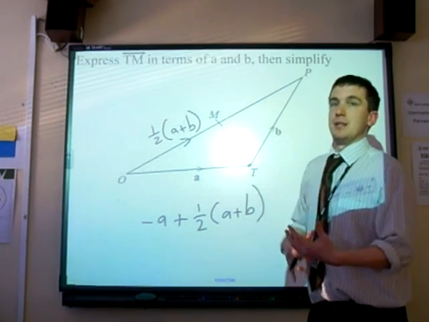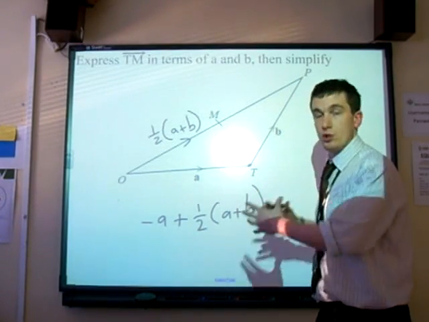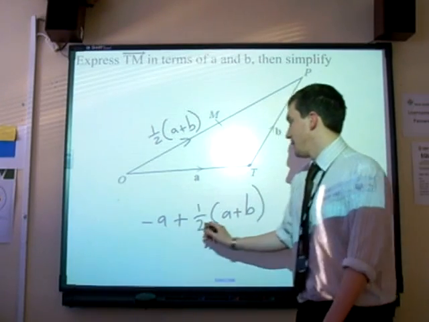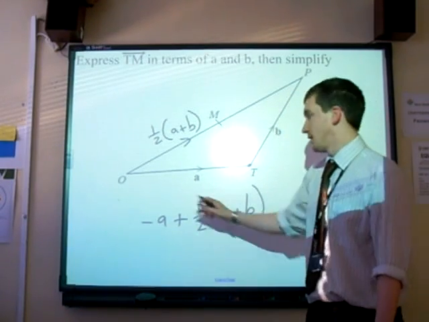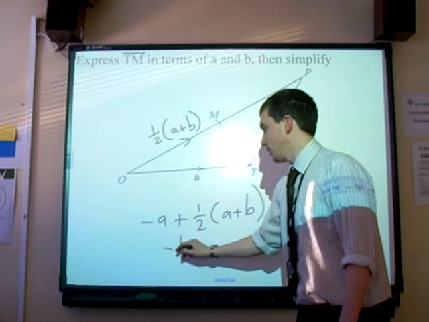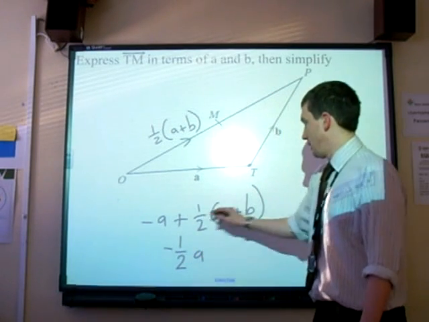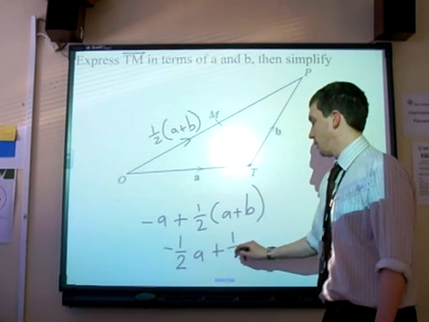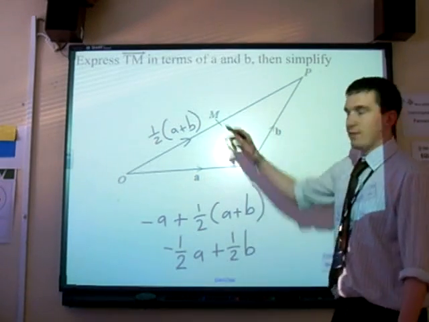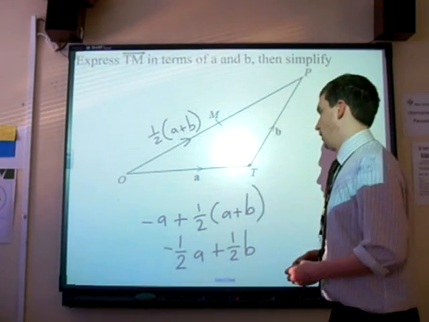I don't want to spend too much time in this section because I just want us to realise about the vectors, but that's going to be a half of A, take away A, so we're going to have minus a half A, and then we've got plus a half B, and that would be the vector T to M.